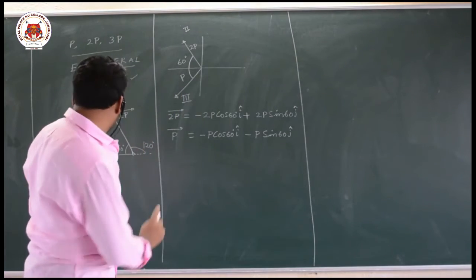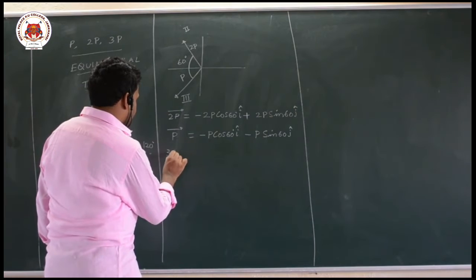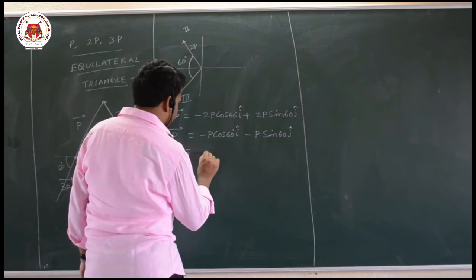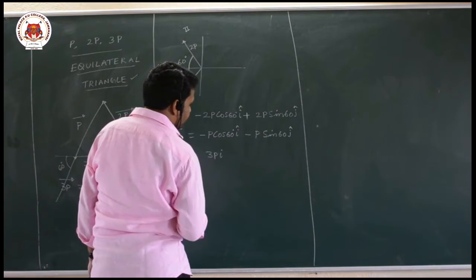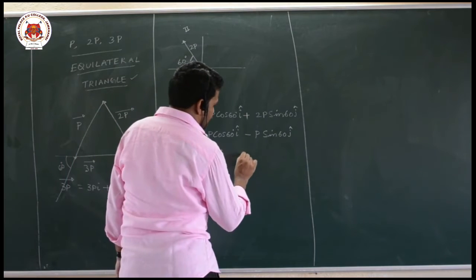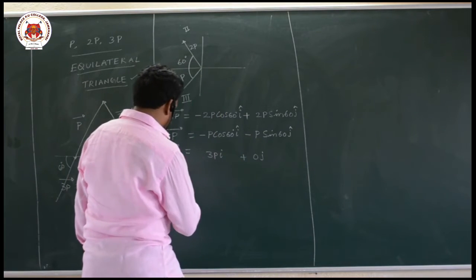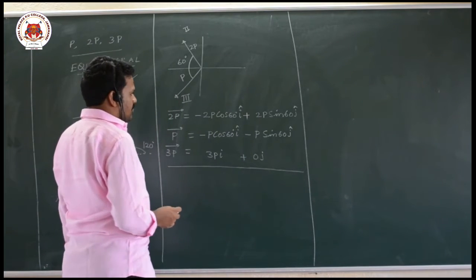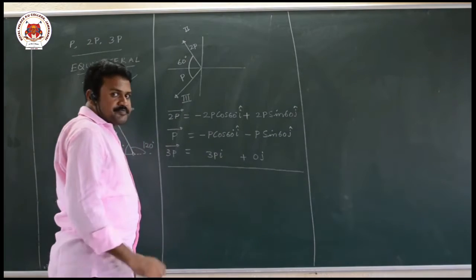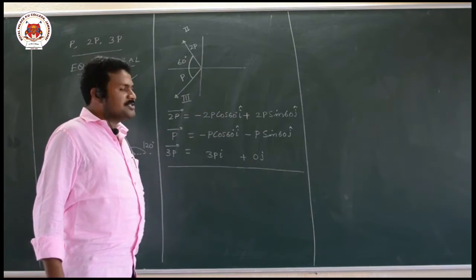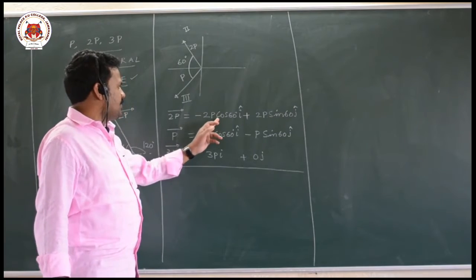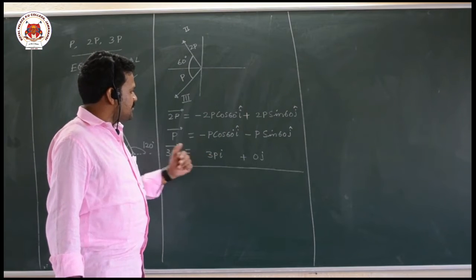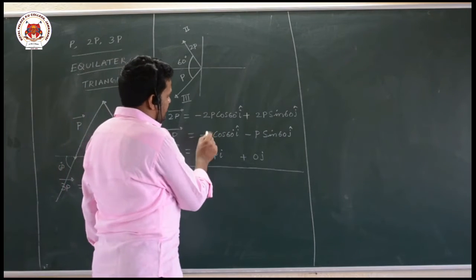So what will you get? Again I am writing 3p bar here: 3p i plus 0j. Now add all three. How much will you get? Minus 2p cos 60, and cos 60 is 1 by 2, so it will be minus p. Then minus p cos 60, which is minus p by 2.